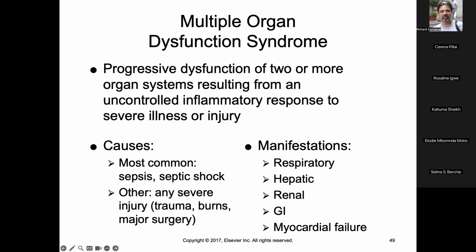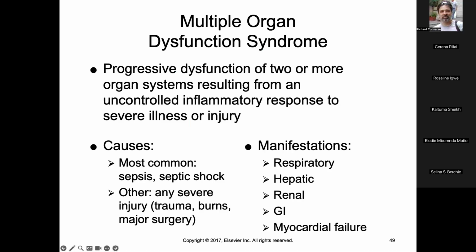Multiple organ dysfunction is a progressive dysfunction of two or more organ systems resulting from an uncontrolled inflammatory response to severe illness or injury. Causes: sepsis, septic shock, severe injuries such as trauma, burns, and major surgery.